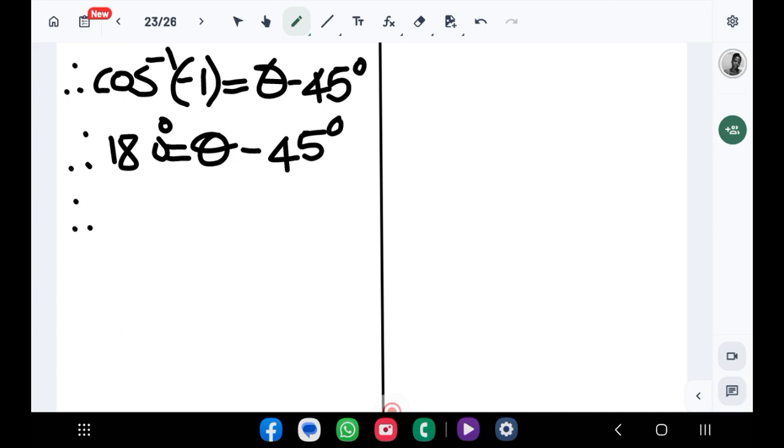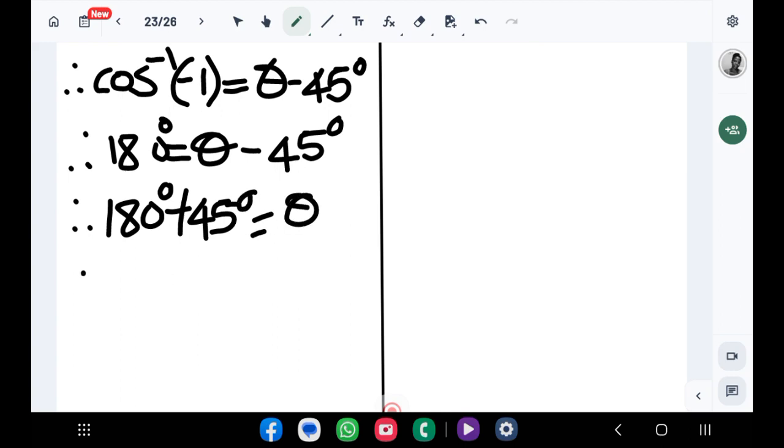Therefore, take everything that is not theta to the left hand side, so you've got 180 degrees plus 45 degrees equals theta. 180 plus 45 is equal to 225.